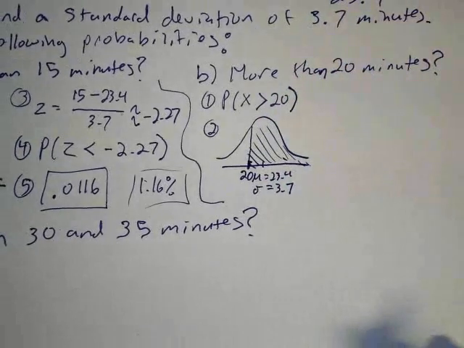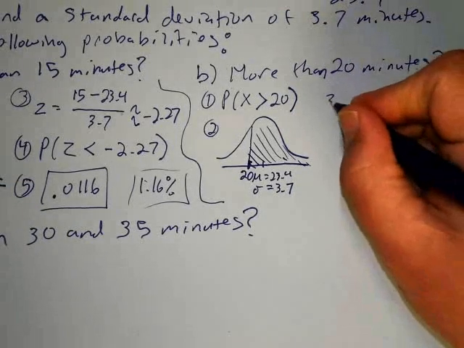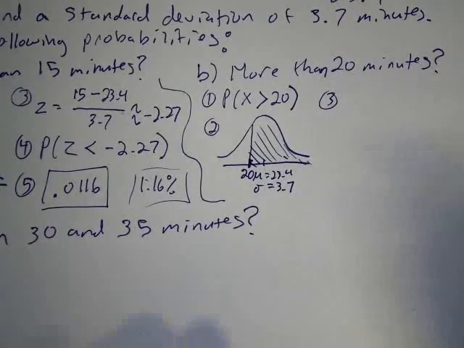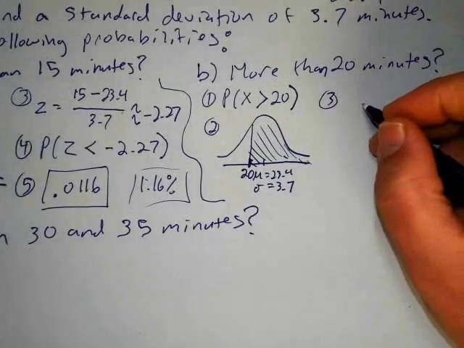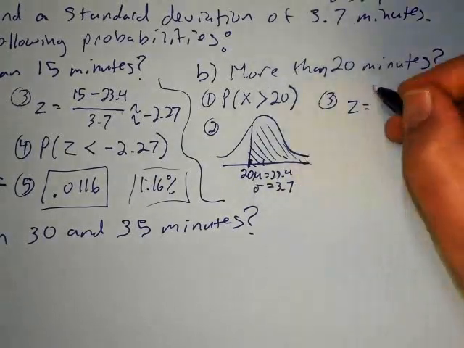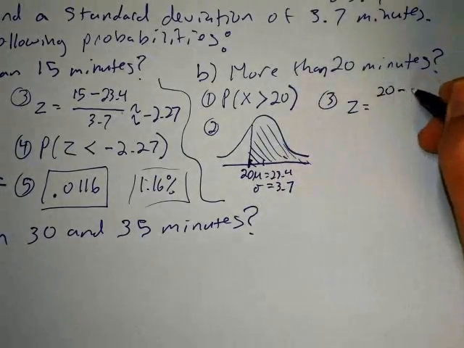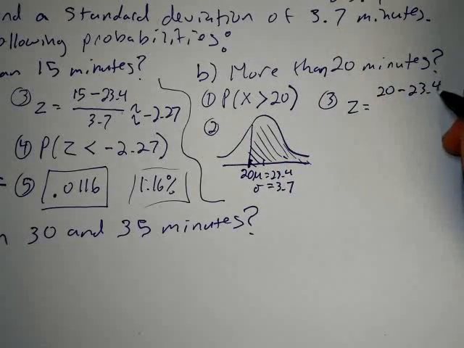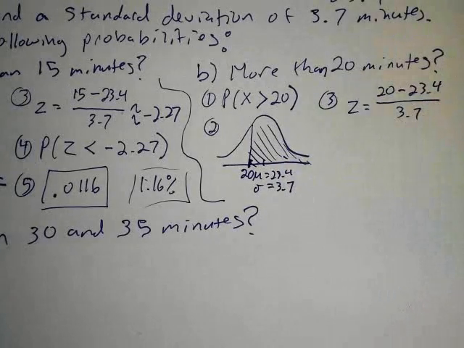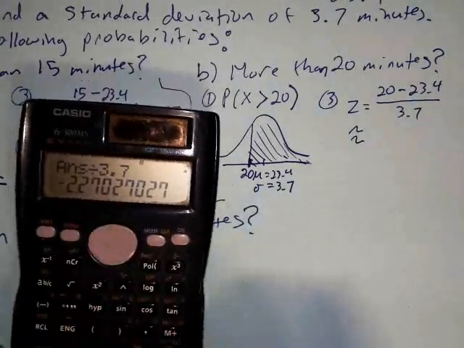That area. So now step 3 is I'm going to calculate the Z-score. So in this case it's 20 minutes. I'm converting 20 minutes. So I subtract the mean, 23.4, divide that by the standard deviation, 3.7. Okay.